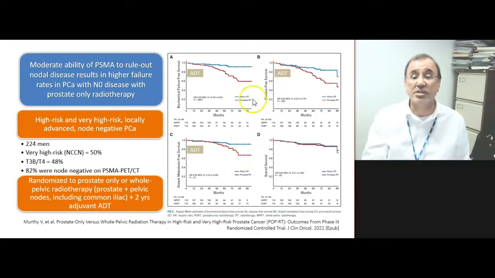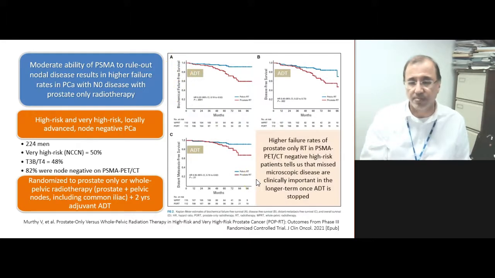Similarly for disease-free survival, similarly for biochemical-free survival, but not yet for overall survival. So what we're saying is that the high failure rates of only prostate radiotherapy in PSMA negative patients, in these people who are at high risk, is clinically important once the effect of ADT has worn off.